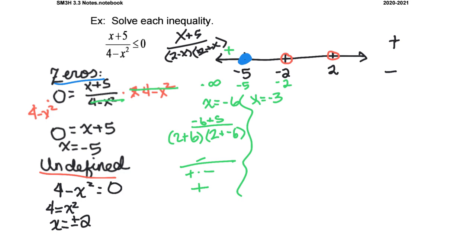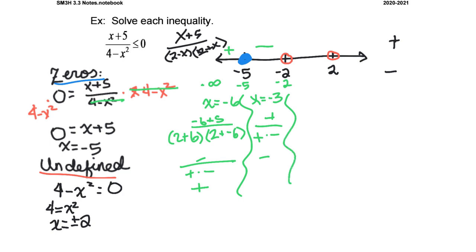So -3 plus 5 is a positive value. 2 minus -3 is a positive value. And then 2 plus -3 is a negative value. So now I have a positive divided by a negative, which is negative.